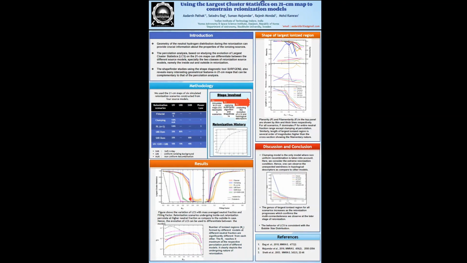The scenarios which are percolating at higher neutral fraction can be grouped as inside out, and the scenarios which are percolating at lower neutral fractions can be grouped as outside in reionization. But one thing is obvious, that the contribution of the largest ionized region dominates mainly near percolation and after that, which is evident from the rightmost figure also.